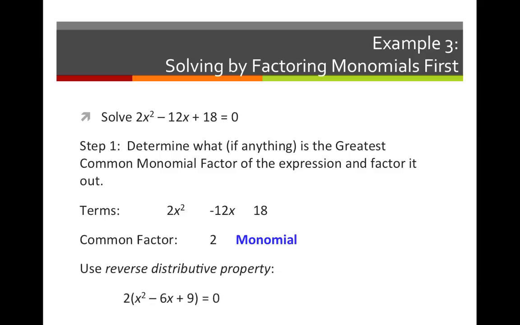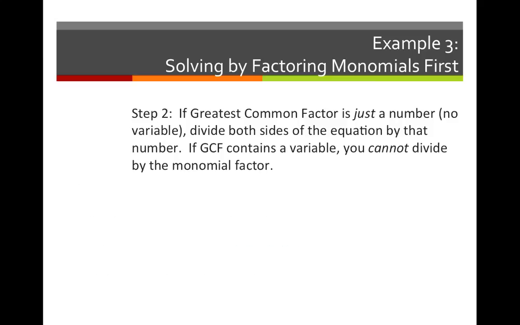So when we do that, we end up with 2 on the outside, and we end up with an x squared minus 6x plus 9 on the inside of our parentheses. And that's all still equal to 0. Now the nice thing is, if our greatest common factor is just a number and there's no variable involved, then we can divide both sides of the equation by that number.